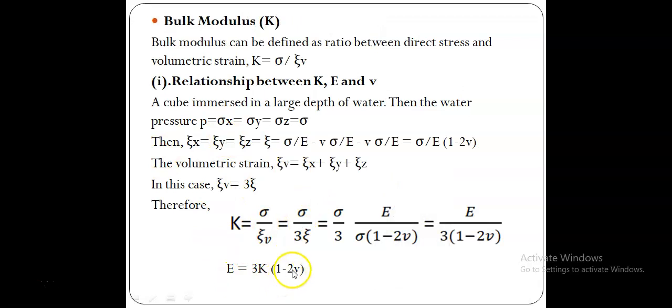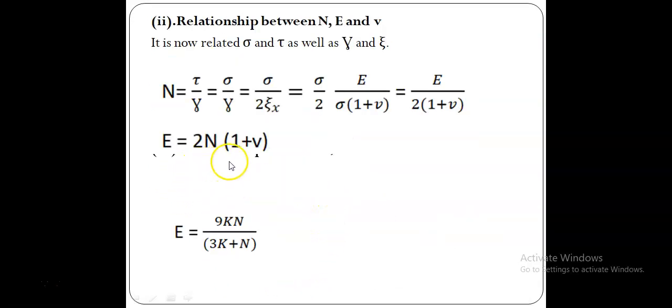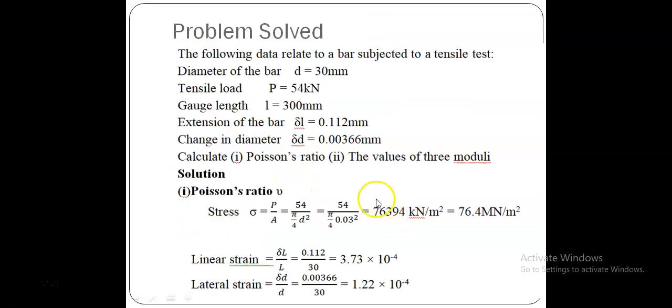One is E equal to 3k into 1 minus 2 nu, and another one is E equal to 2n into 1 plus nu. When we algebraically combine these two, we have another relationship, E is equal to 9kn divided by 3k plus n. These are some relationships between elastic constants.